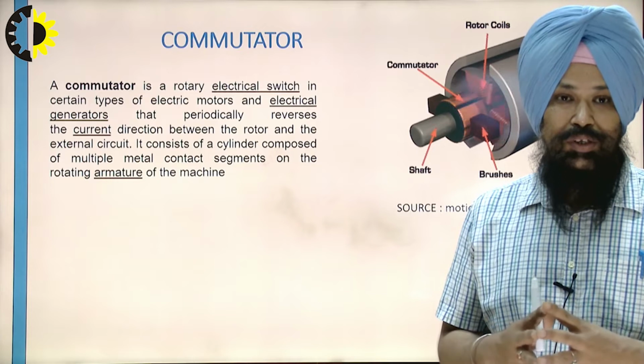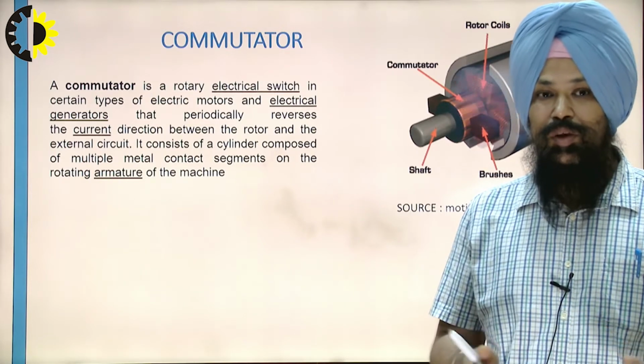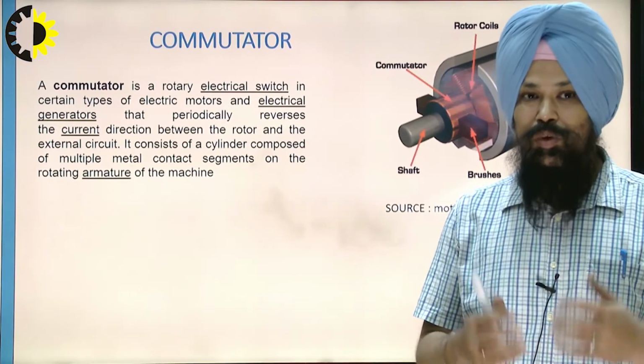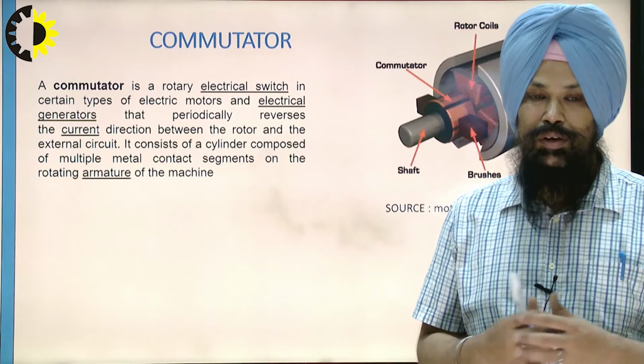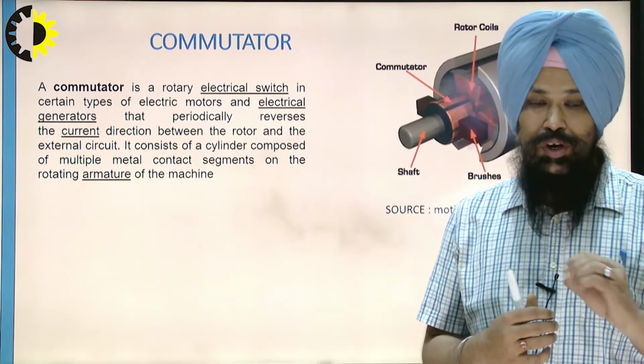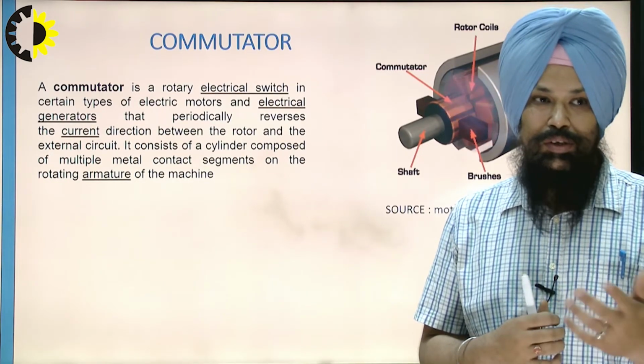In the case of DC generator, whatever EMF is induced in the armature, when it goes out from the armature circuit, has to travel through the commutator segments and then through the carbon brushes to the external circuit.